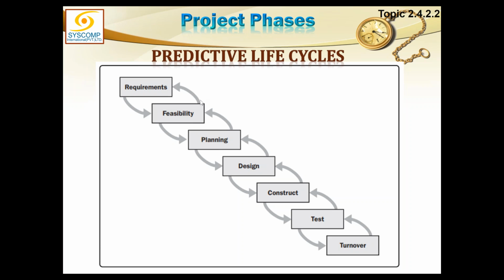But why is this upward arrow shown with every connection? It shows that when you are creating the feasibility and you find some of the requirements were not right and they have to be corrected, then you can go back and fix one step upward. You can fix the previous phase. So this is an example of a waterfall or a predictive life cycle.